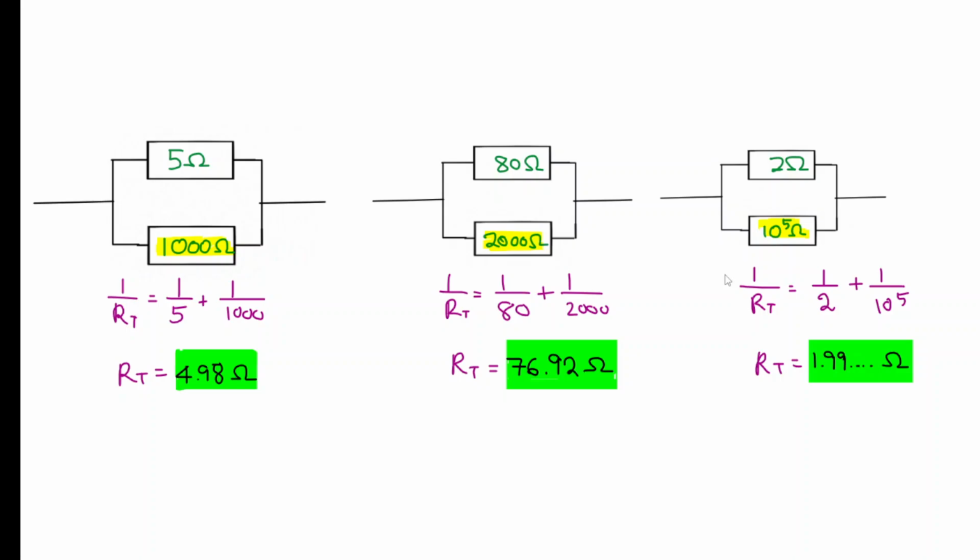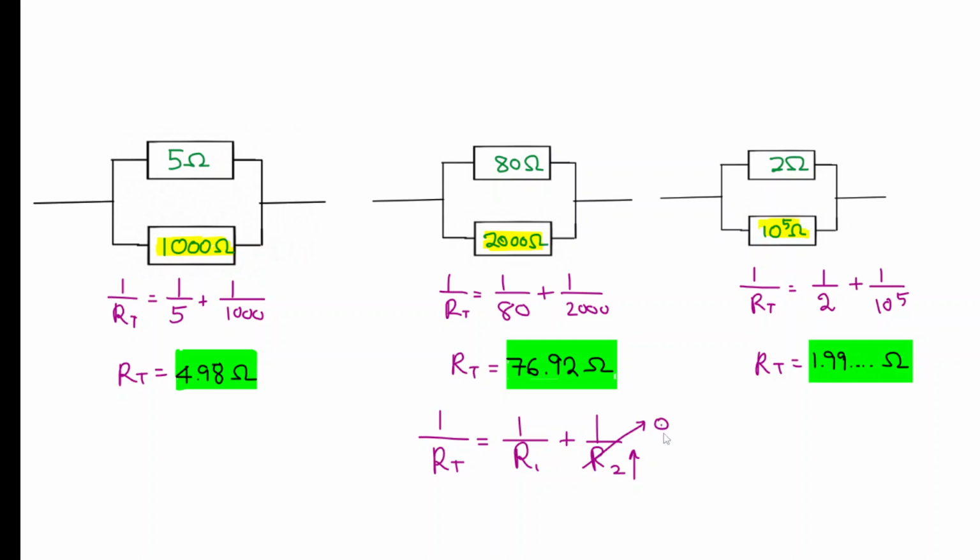Now the reason, if you think about it mathematically, it makes perfect sense. Imagine you have two resistors and you're going to find the total resistance. 1 over R total is 1 over R1 plus 1 over R2. Now when the size of R2 is very big, really large, you divide 1 by a very big number, and this is approximately 0, isn't it?